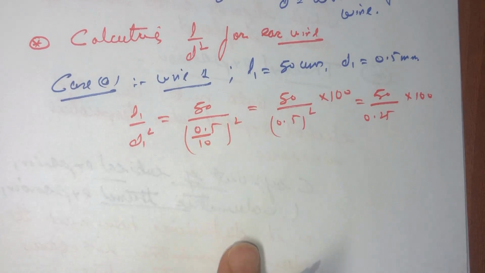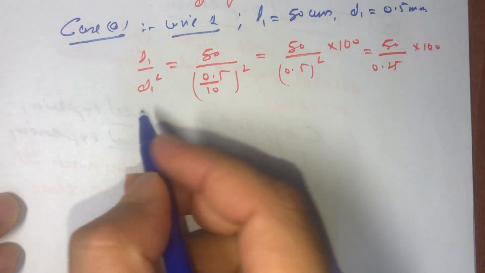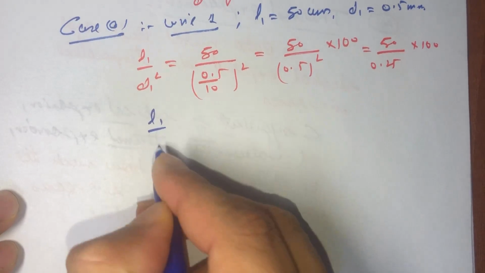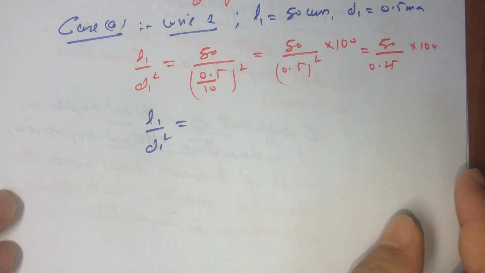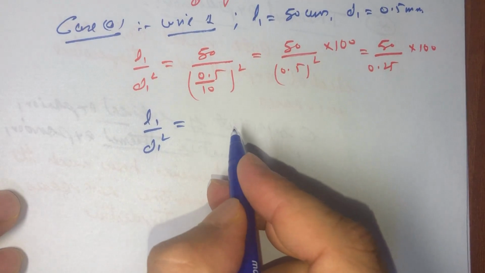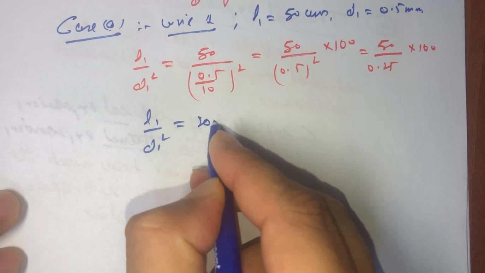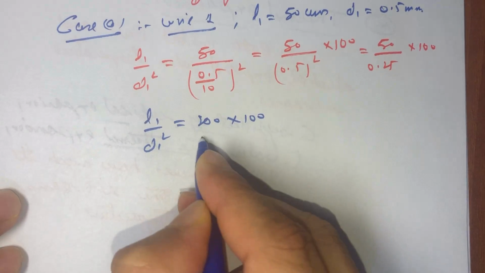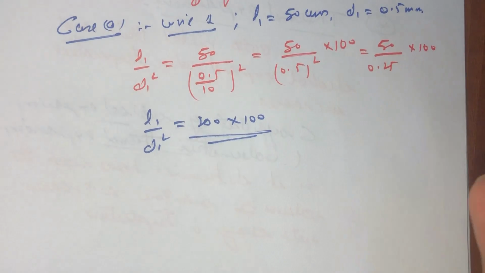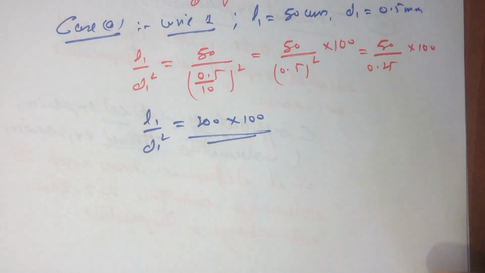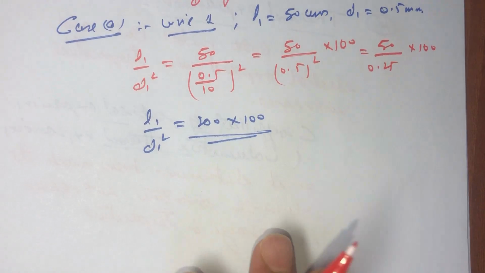So we can say our ratio for first wire L1 upon D1 square will be equal to 200 multiplied by 100. Now this 100 factor will be common to every calculation. Okay. So we are thus keeping it 100 separate.